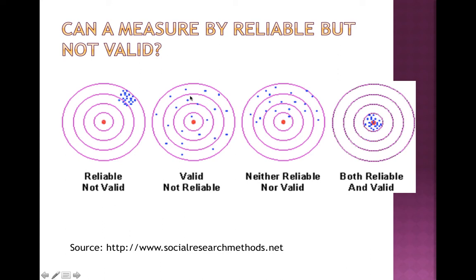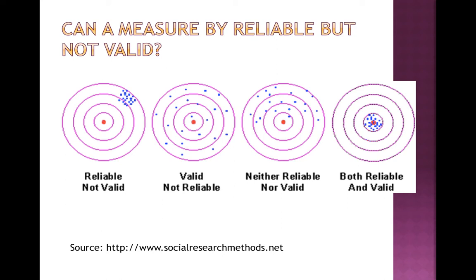So this next target goes around the dot, which is where you want to measure, but it's not measuring all in the same area like here. It's attempting to measure this dot, but it's not doing it in a way that's coming together.